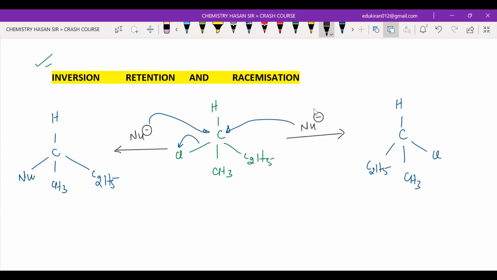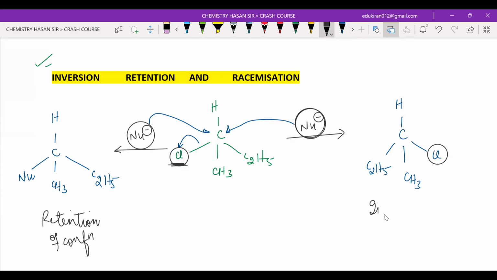If the attacking reagent is at the same place as the chlorine, that is called retention of configuration. And if the nucleophile is opposite to the chlorine that it substitutes, that is called inversion of configuration. Is that clear to everyone?